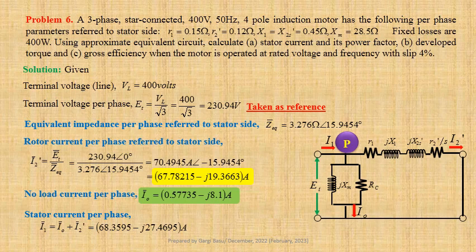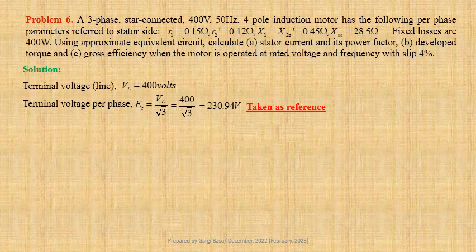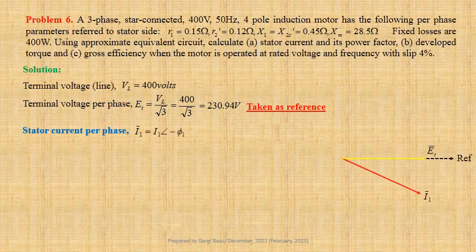This may be written in polar form as 73.6722 ampere at an angle minus 21.8922 degree.